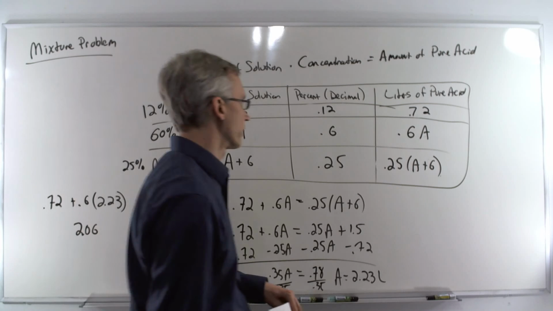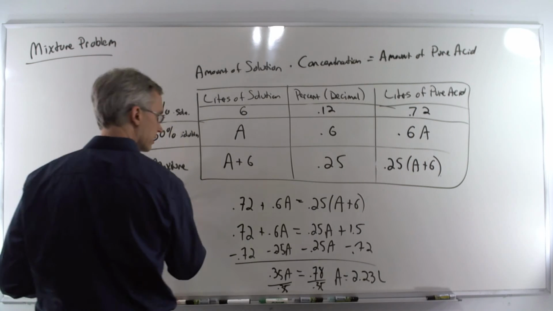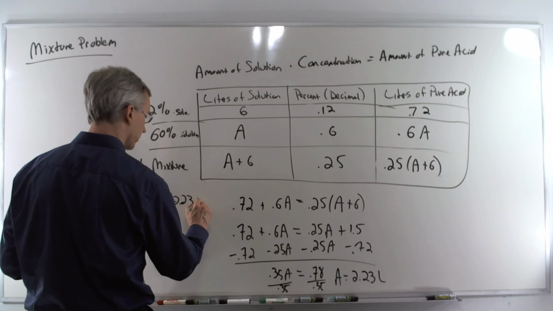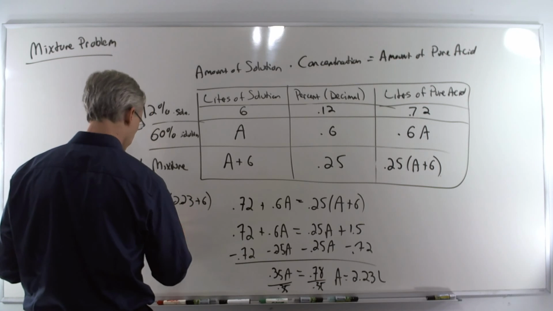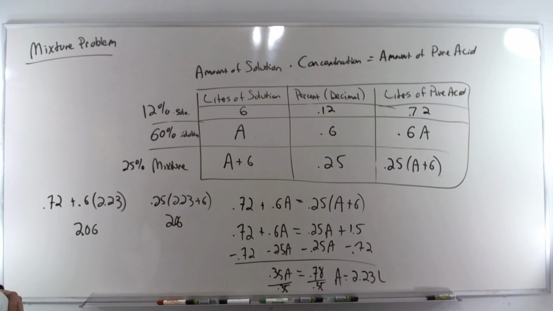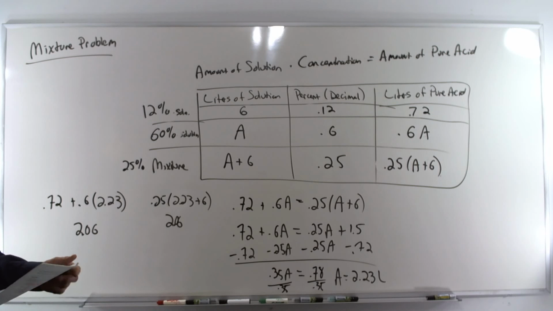And then we can take 2.23, plug it in here, and see if it equals. So 0.25 times 2.23 plus 6, and we get 2.06. So either way, we get 2.06 liters of pure acid. So that checks.